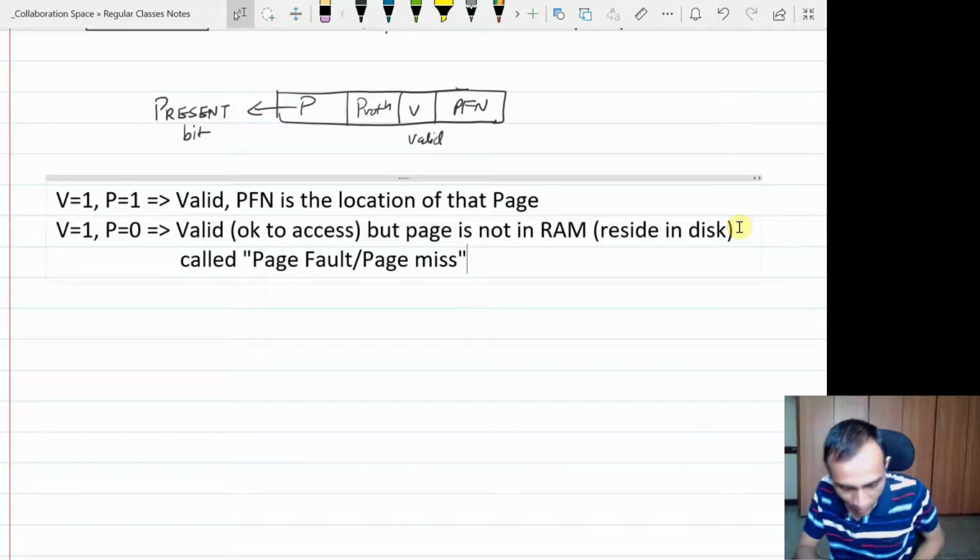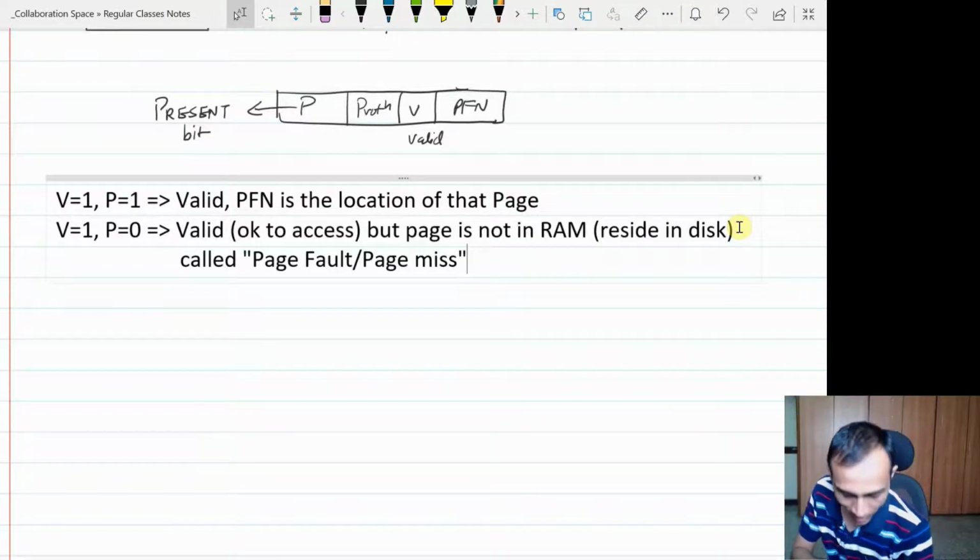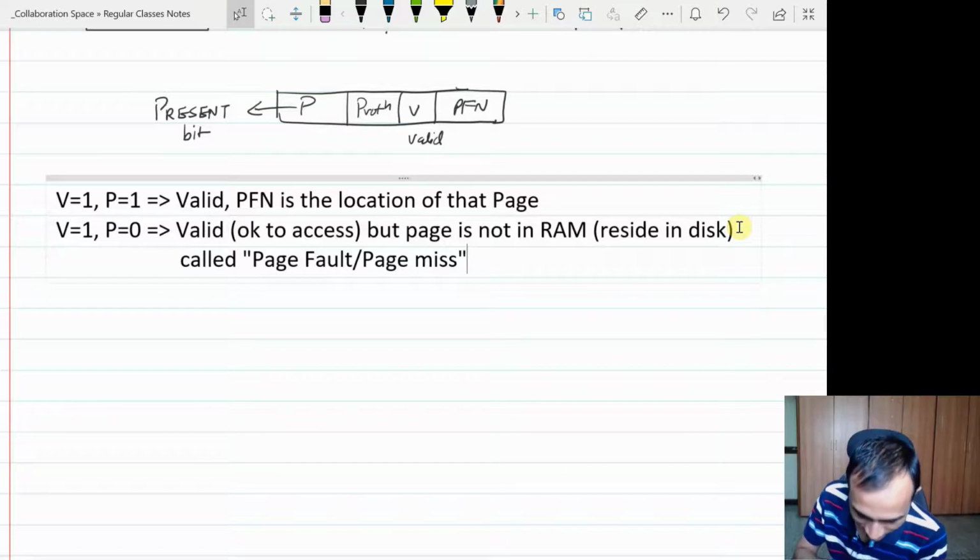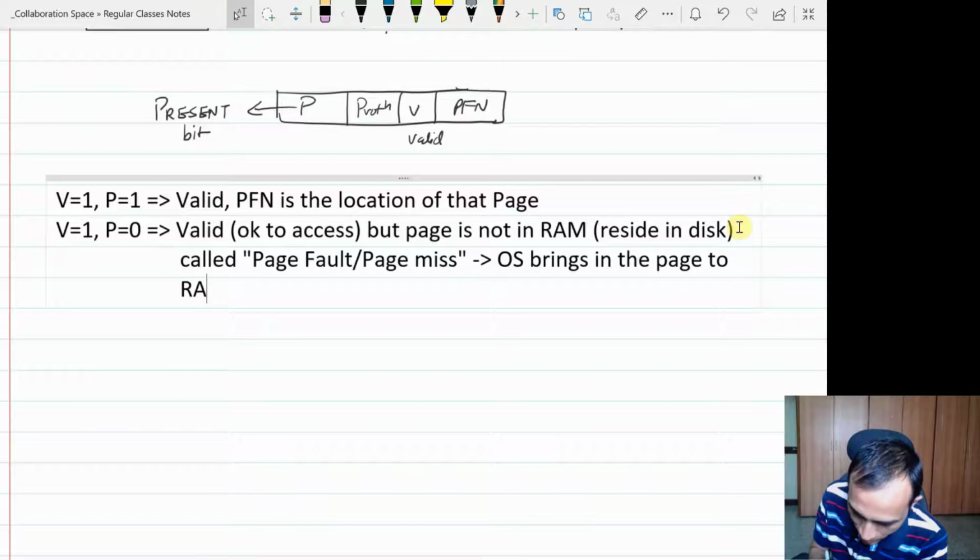Fault means you are doing something wrong, but here you are accessing a valid page, and it's not your problem that the page was not in RAM. So it can be called a page miss more appropriately, but it's okay. When this happens, the OS has the responsibility to bring the page into RAM.